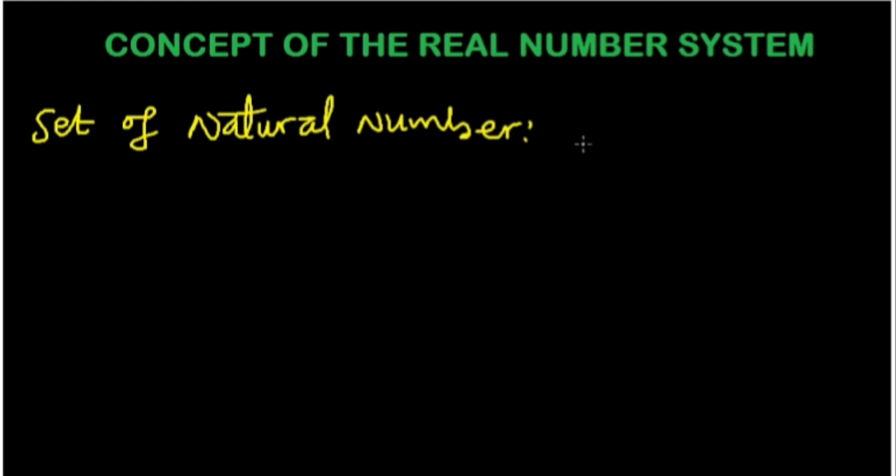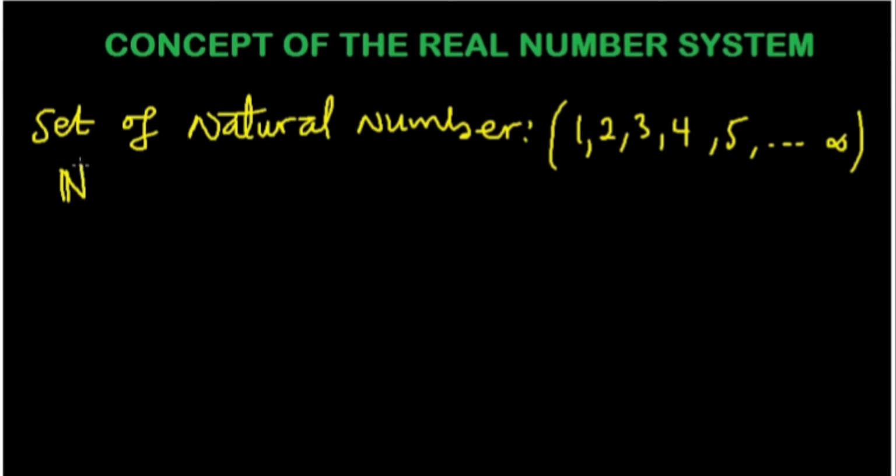Examples of natural numbers are 1, 2, 3, 4, 5, like that, to infinity. The set of natural numbers is denoted by the symbol N.